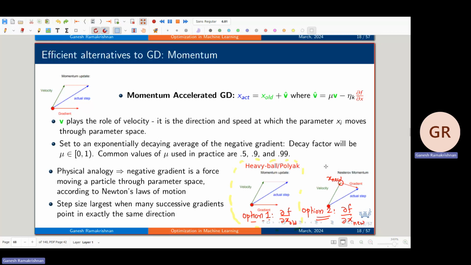And option 2 is called Nesterov momentum. Nesterov actually wrote a very good book on convex analysis. A lot of the convergence analysis we derive today is based on Nesterov's book.